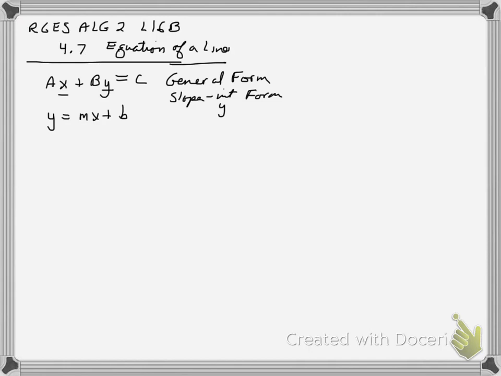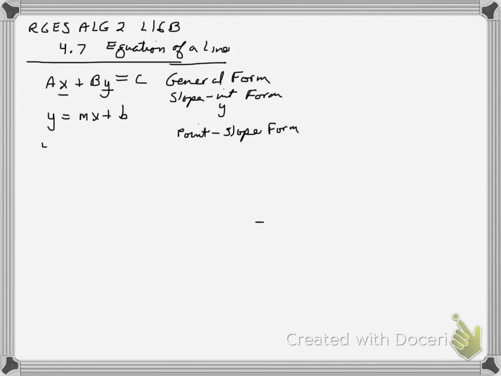The third one is called the point-slope formula, or the point-slope form. That means if I'm given one point and a slope, I can find the equation of the line.